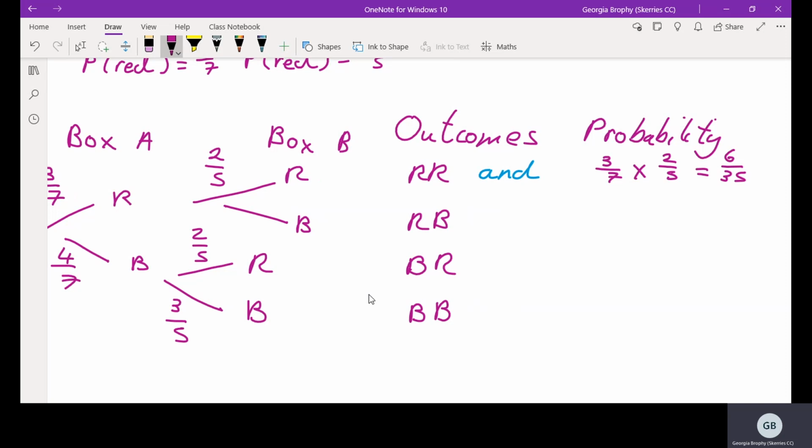Our next outcome is RB. So that is the probability of choosing red from the first box, 3/7, and, so for and, we multiply, choosing blue from the second box, 3/5. 3/7 multiplied by 3/5 equals 9/35.